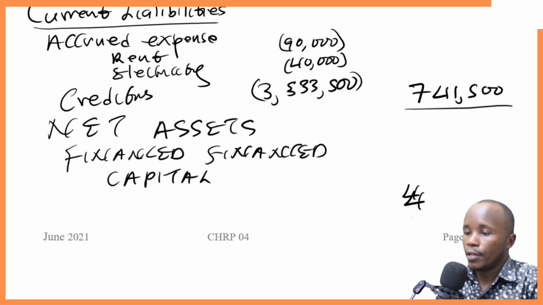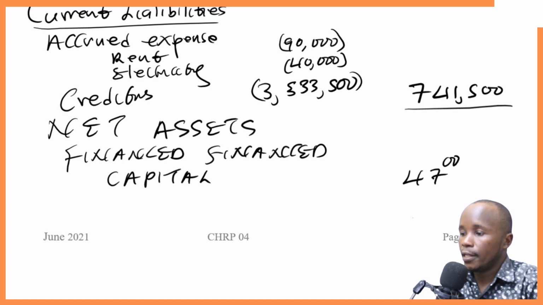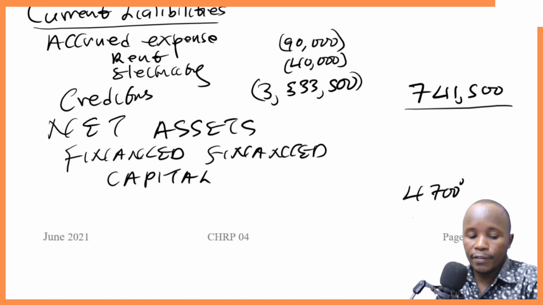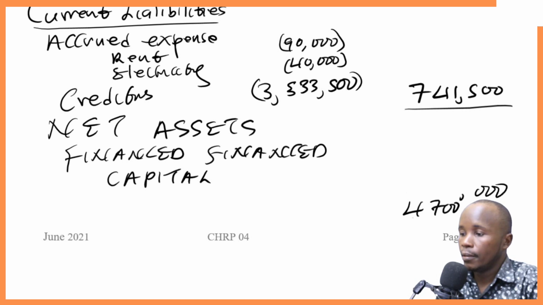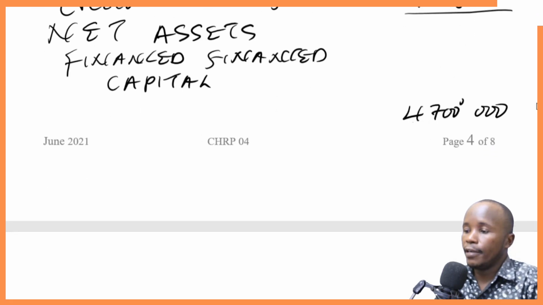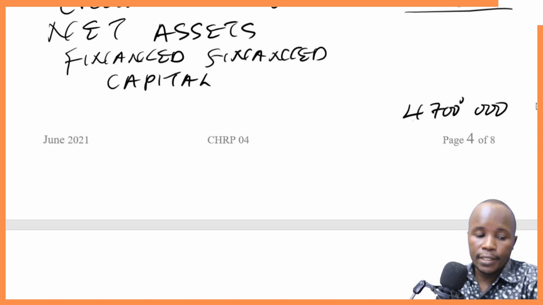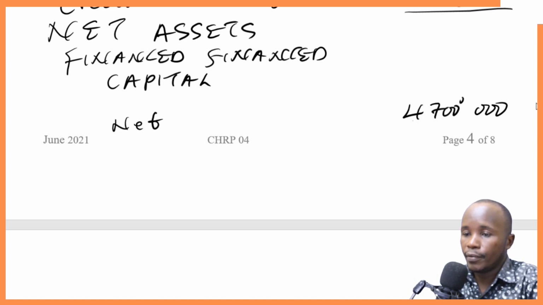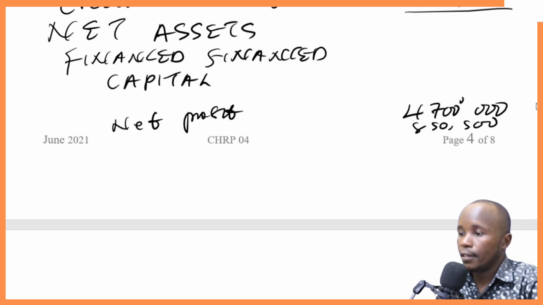I don't know why this one has started behaving this way. And then we have what else? What else finances this? You can also talk of net profit of 850,500.